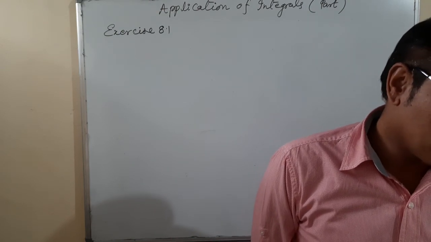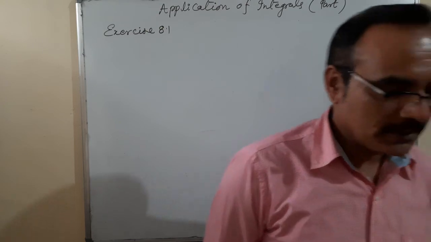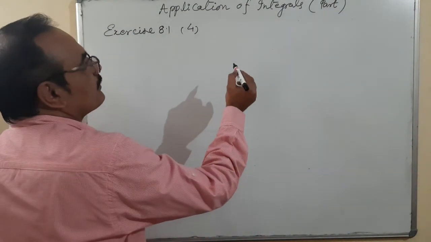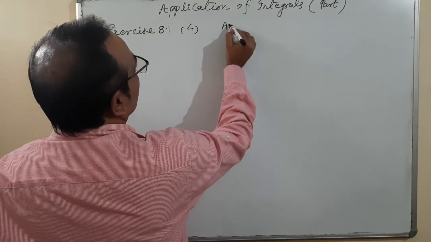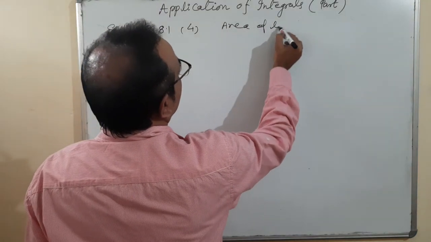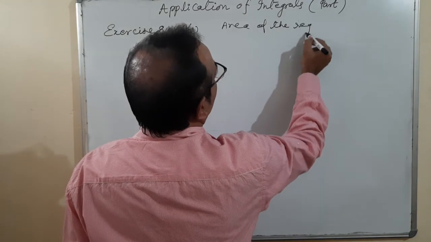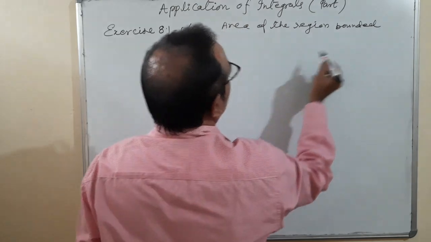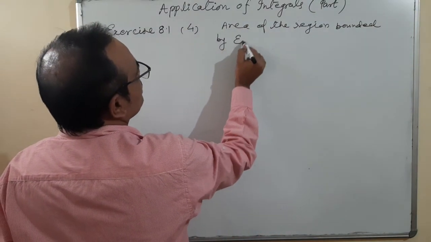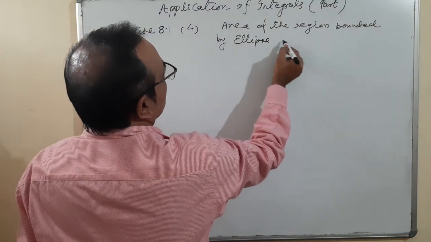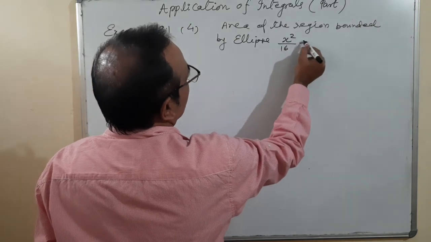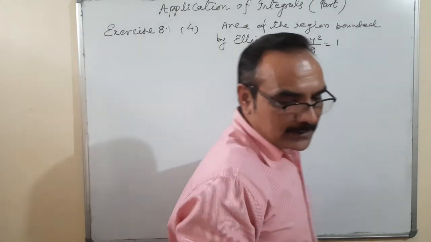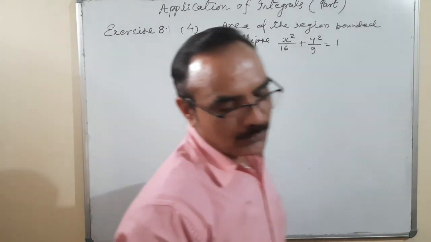Question number 4, find the area of the region bounded by the ellipse x square upon 16 plus y square upon 9 is equal to 1. Area of the region bounded by ellipse x square upon 16 plus y square upon 9 is equal to 1.